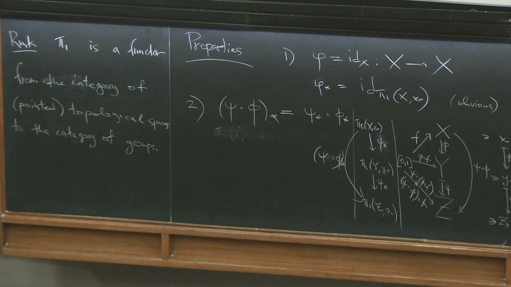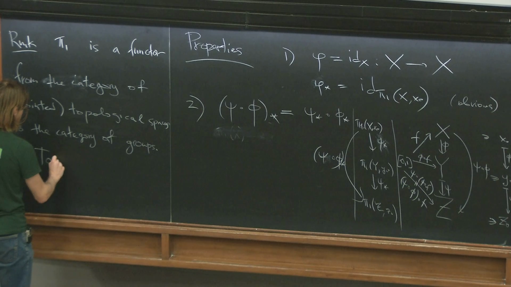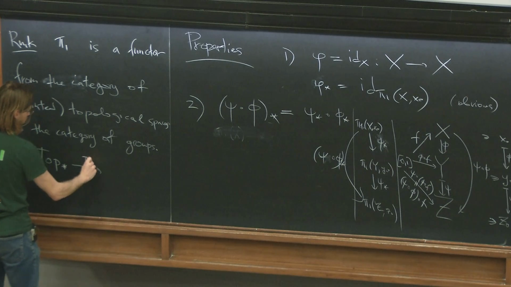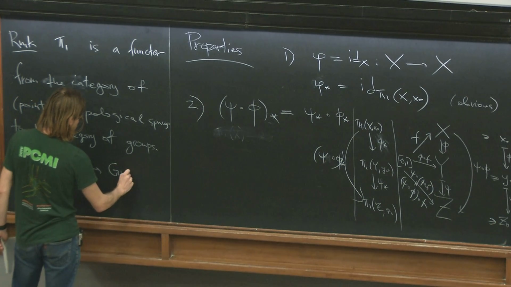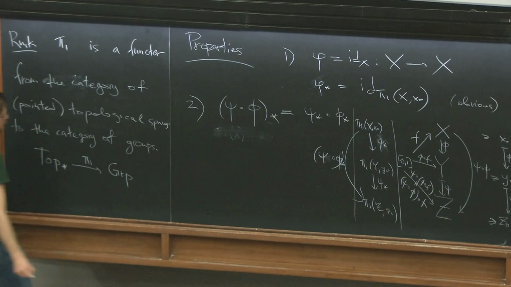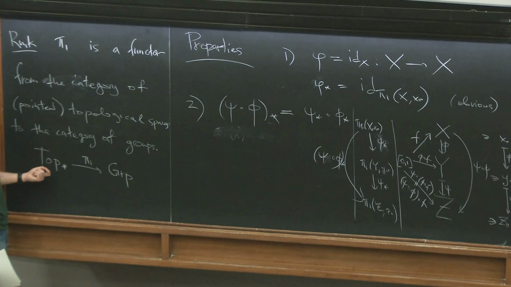In the first category, you can write Top star, meaning pointed topological spaces, to pi1. So this is a category whose objects are topological spaces with some selected point inside, and the morphisms are continuous functions between them which send the marked point in one topological space to the marked point in the other.